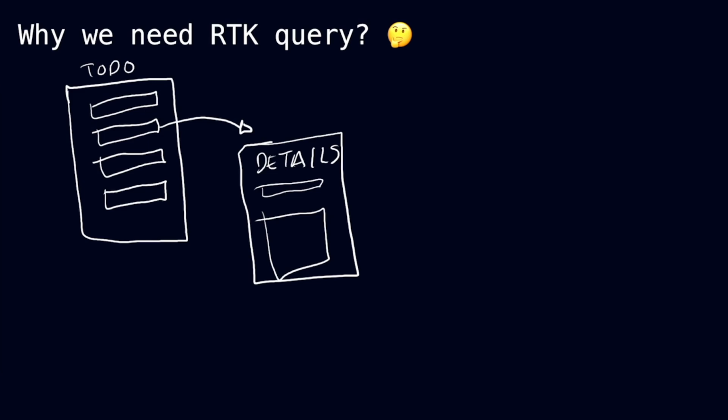Now what happens if the user decides to edit? Let's say that we have this edit button, and when the user changes something here and then goes back to the list of to-dos, the user should see that this change has been reflected on this screen, right?